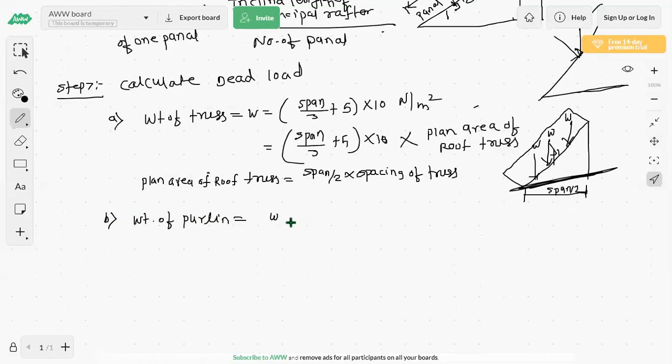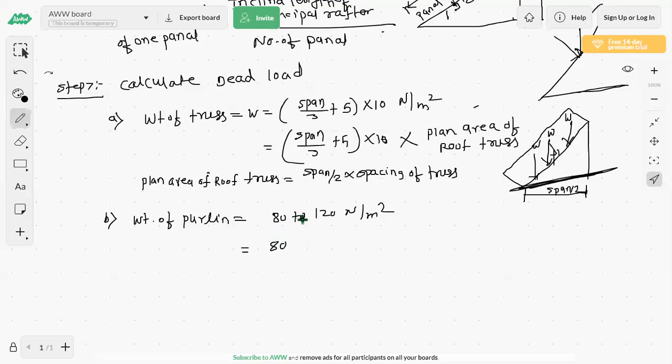we have to assume the weight of purlin. So the weight of purlin we generally assume in the range of 80 to 120 Newton per meter square. So if this meter square is there and we want to calculate in Newton, 80 to 120 depends on you.